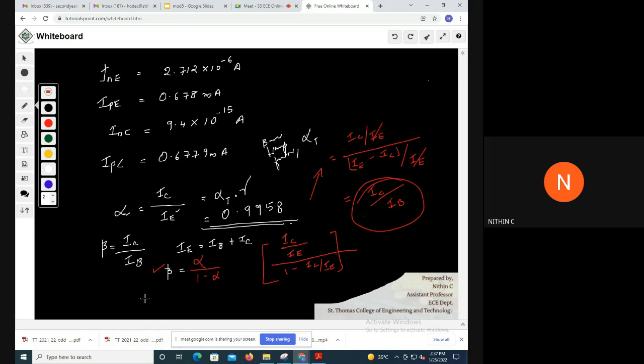Beta value will be 237. So questions like this can be asked.